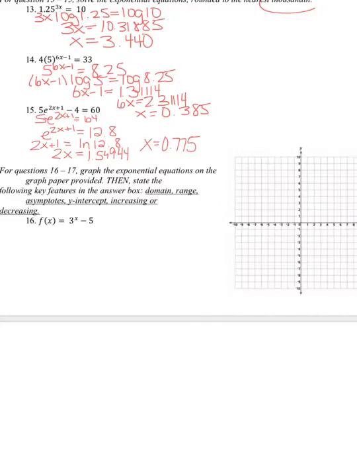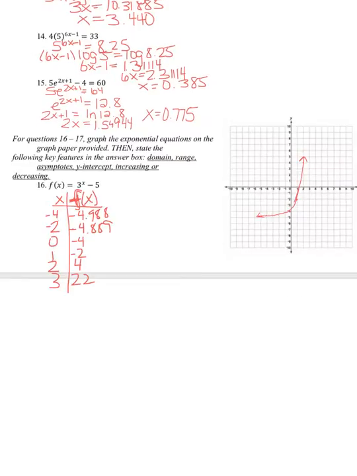And then numbers 16 and 17, it wants us to graph it. Okay, so I'm going to take a second now to pause it and write down my table. Okay, so you should have a table, and then your graph ends up looking something like this. You never touch -5 for your y value. It keeps getting closer and closer.